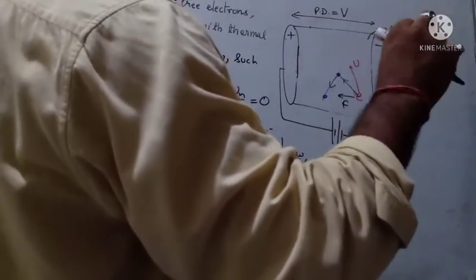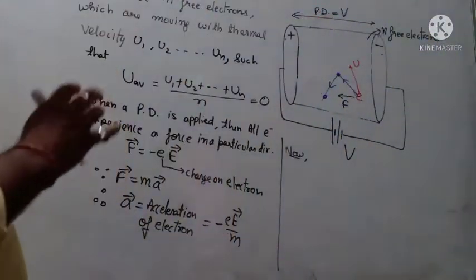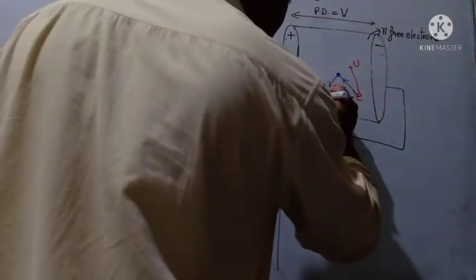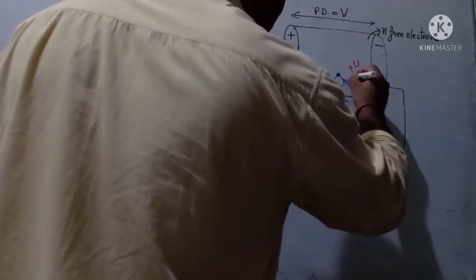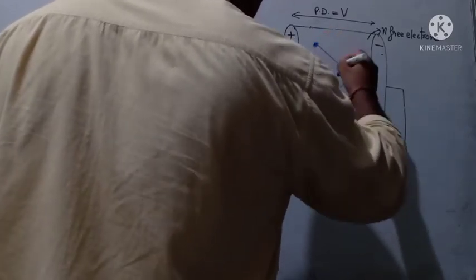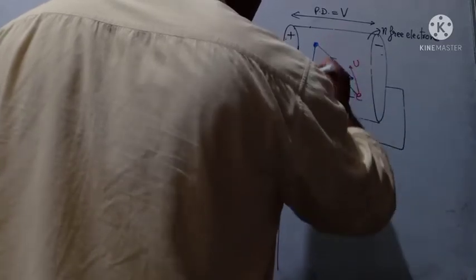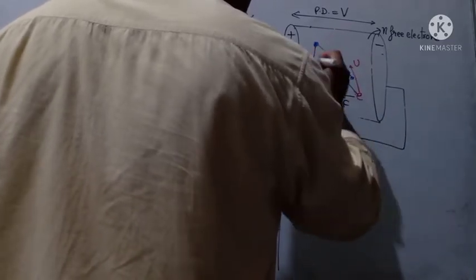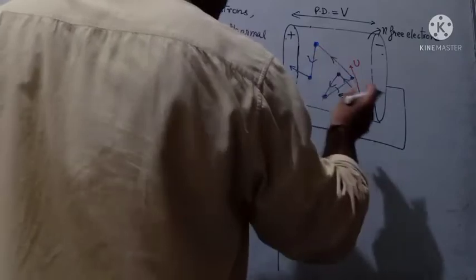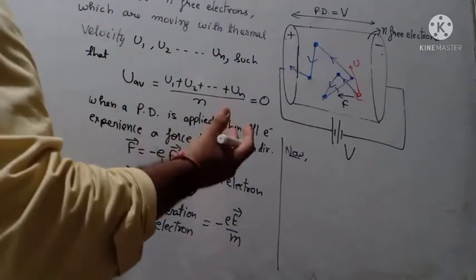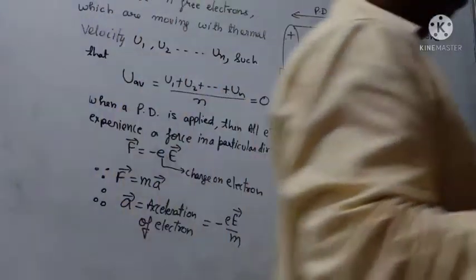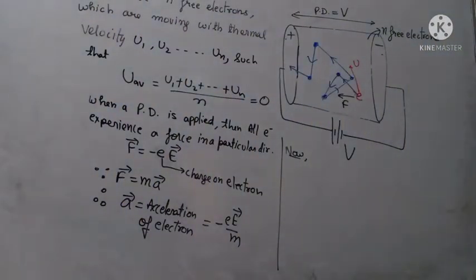Again, second collision, path change, path change, finally reaching it. It means when the electron moves, it will suffer multiple collisions before reaching the positive end of the conductor.